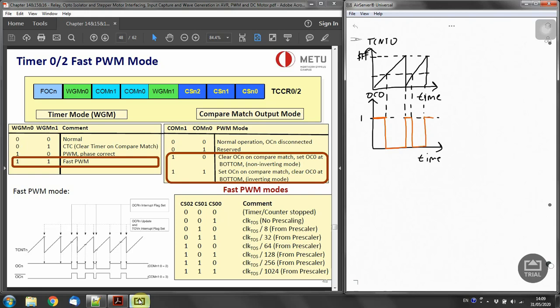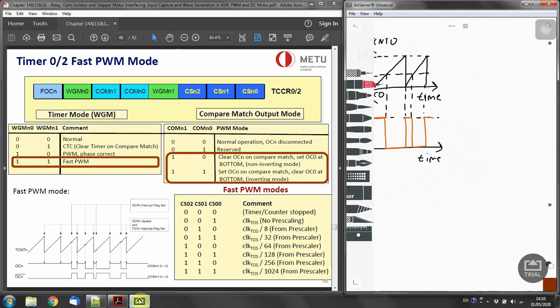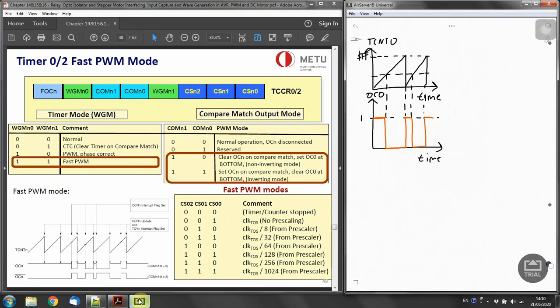We can also have different values over there, and this can be extended, or I'm just going to demonstrate when it is FF. So we can have both TCNT0 and OC0. OCR actually equals FF, so it's the top value.